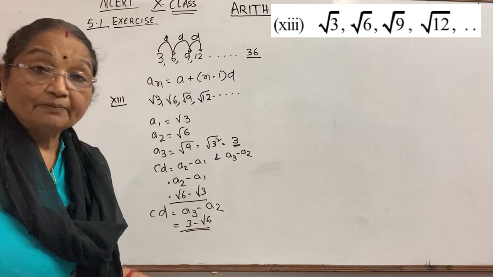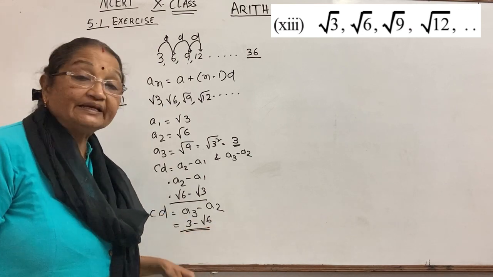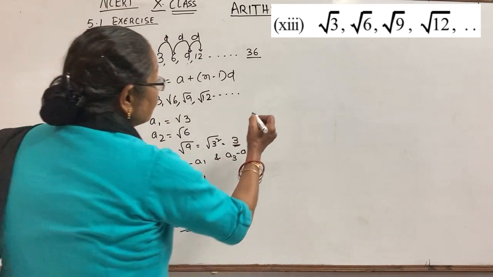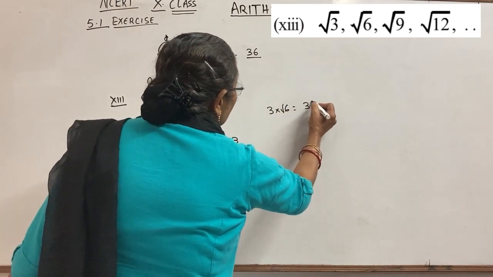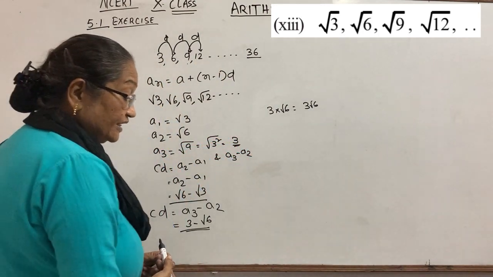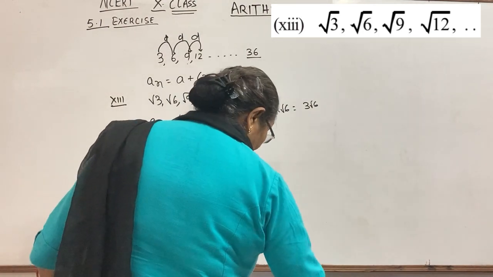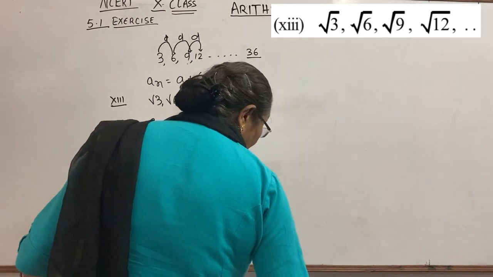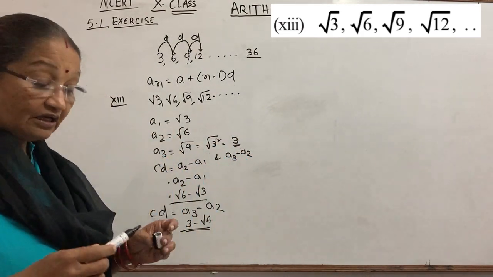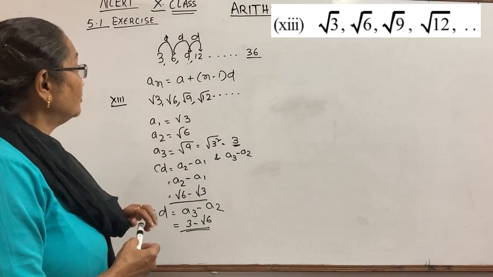Even if it is plus, even if it is minus, you cannot solve it unless it is multiplication. 3 into root 6, then we can do 3 root 6, isn't it? Multiplication we can do it, division we can do it, but in this case plus and minus, the irrational number cannot be added if they are not like terms. Okay, now what is happening?